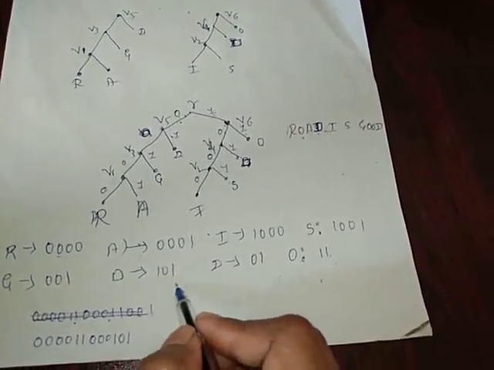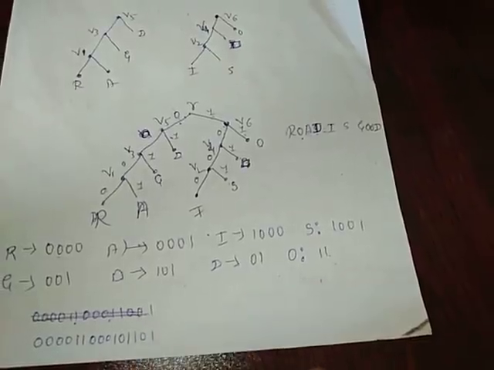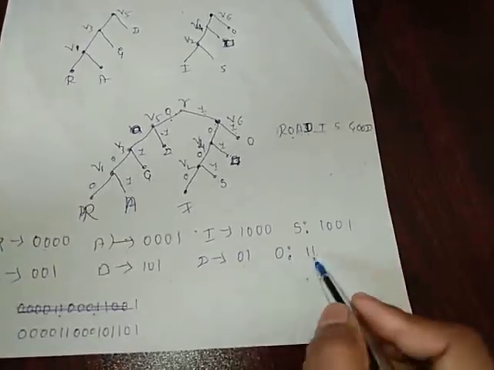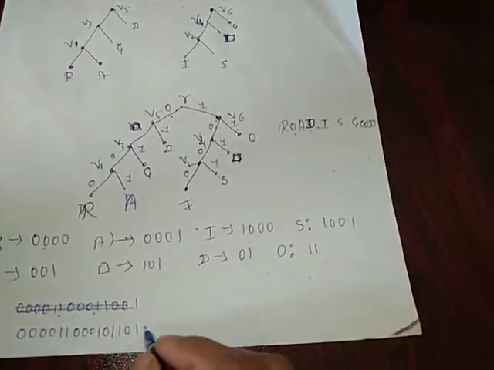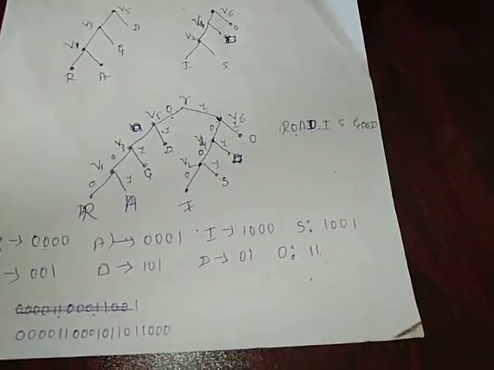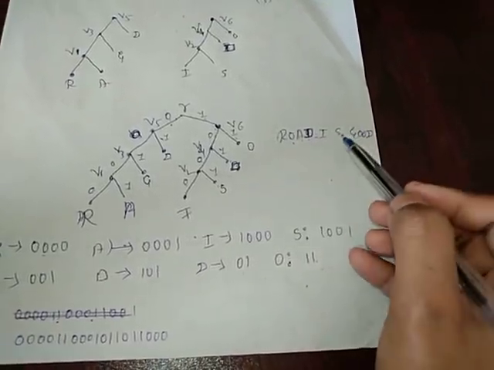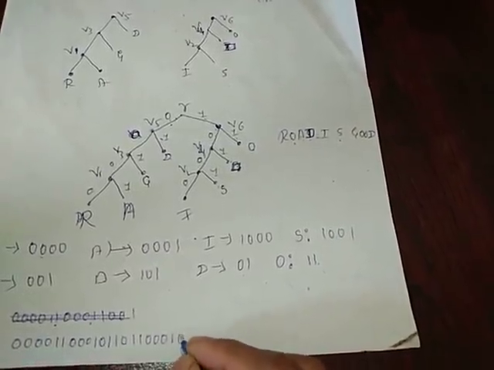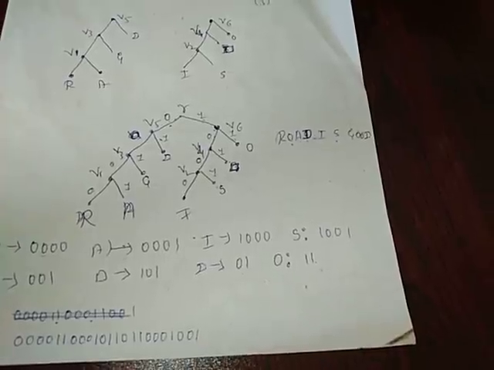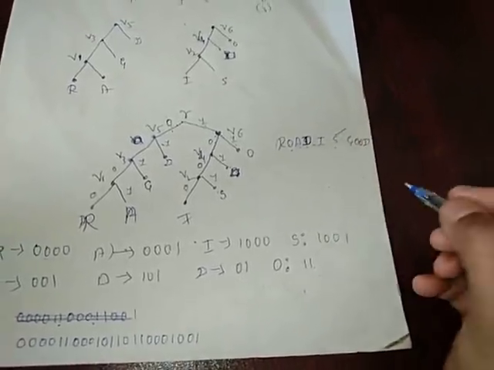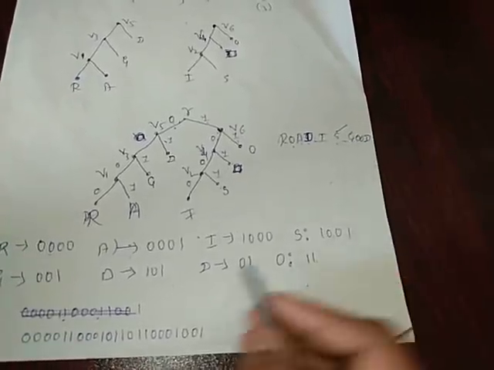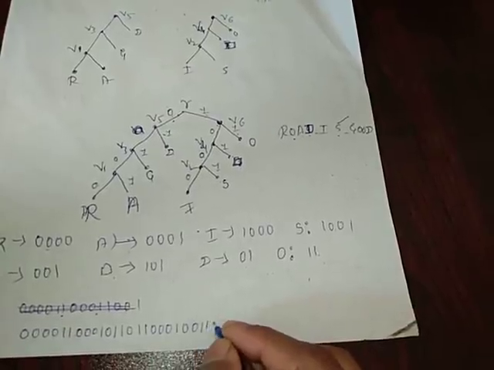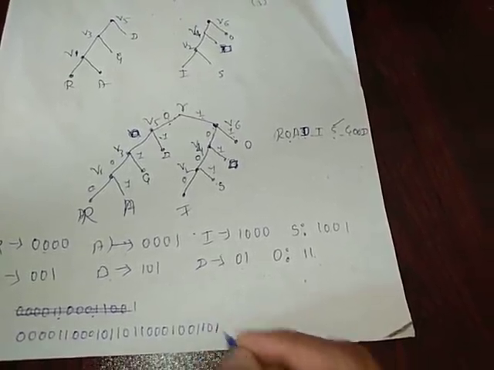For the blank space we have a code 1, 0, 1. For the I we have a code 1, 3 times 0. For the S we have a code 1, 0, 0, 1. S is completed. Now the blank space. For the blank space we have a code 1, 0, 1.